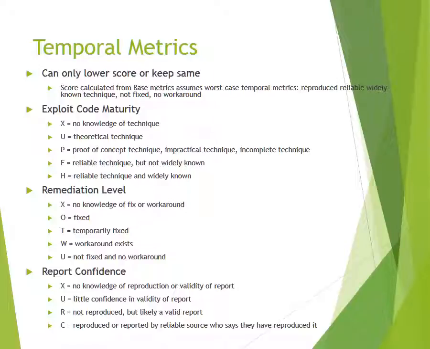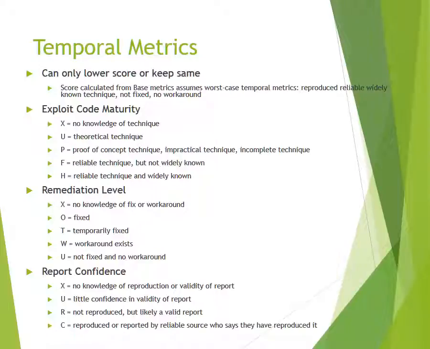But if it has been fixed or temporarily fixed or a workaround exists, then those metrics will reduce the overall score. And report confidence, somewhat related to exploit code maturity.